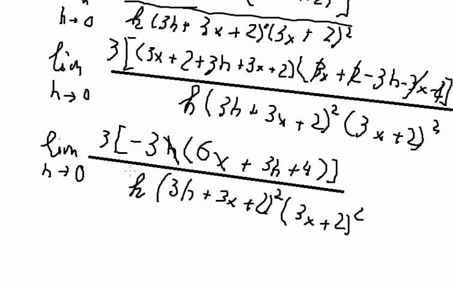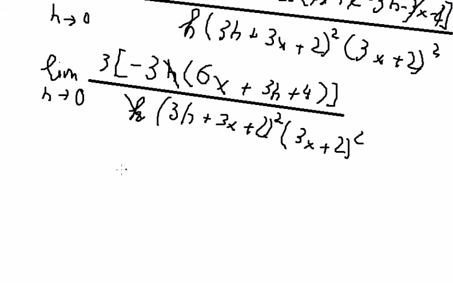So h they will simplify. Number 3 multiplied with negative number 3, you got about negative number 9.